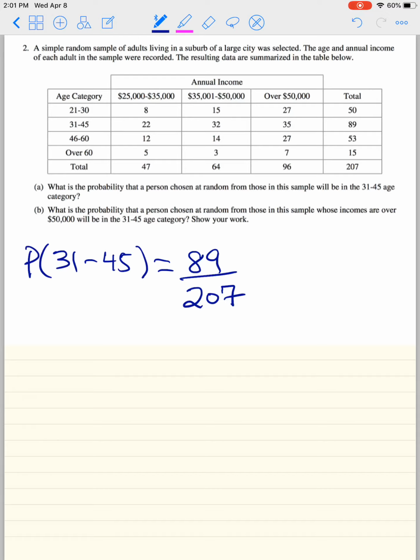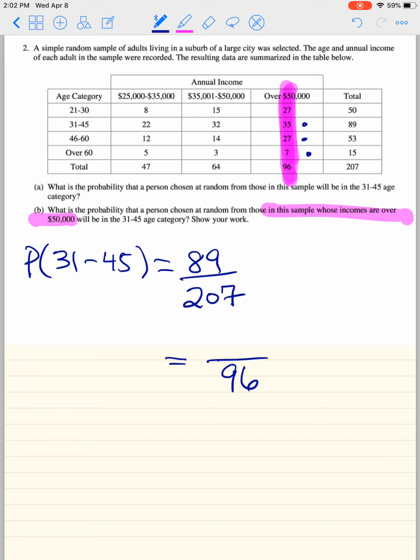Next one. What is the probability that a person chosen at random from those in the sample whose incomes are over $50,000? So now they don't want everybody. They want only those whose incomes are over $50,000. So they want that right there. So that's going to be out of the 96.